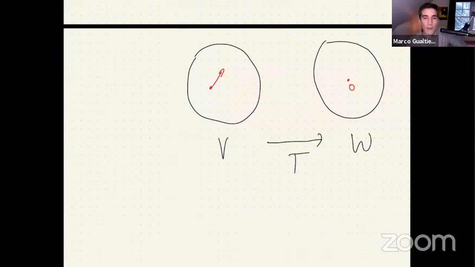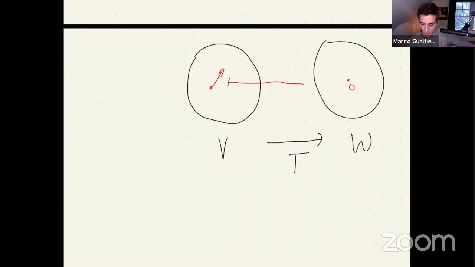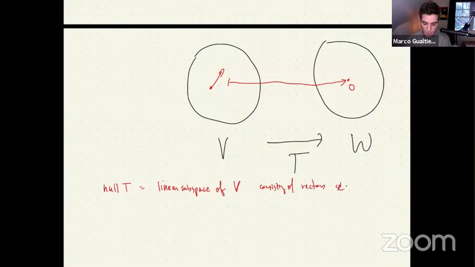The important thing about the set of vectors in V that are sent to 0 is they form a subspace, which is called the null space of T. So the null space of T is the linear subspace of V consisting of vectors sent to 0.